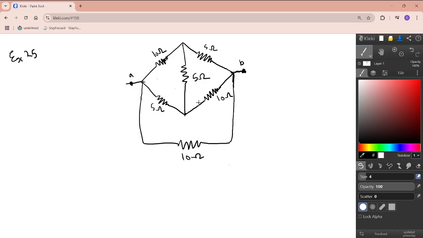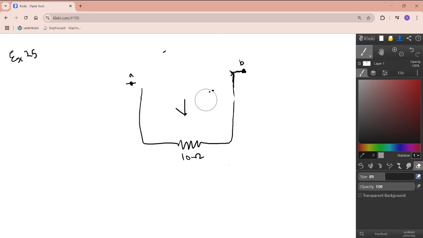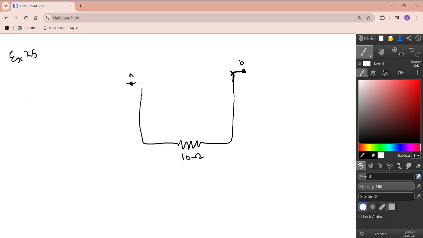Okay, so now we have a 7 ohm resistor here connected in parallel to this 10 ohm resistor, and with the formula, 70 by 17 becomes the equivalent resistance, which is about 4.1, and yeah, 4.1 is the answer given, which is all right.